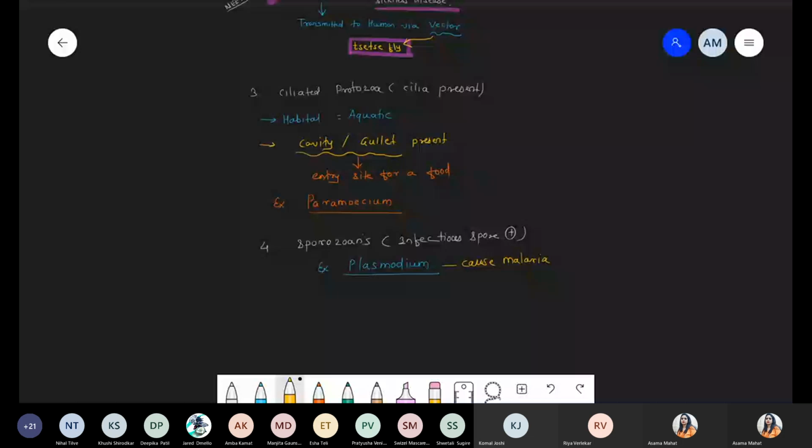We already discussed the types of mycelium: aseptate and septate. Under the septate, we discussed monokaryotic mycelium, that is primary mycelium, and then dikaryotic mycelium, also called the secondary mycelium.